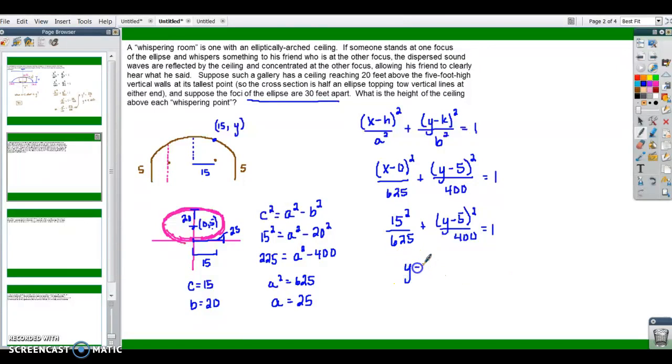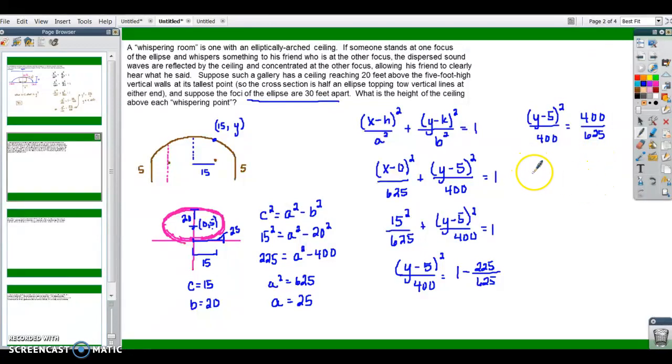So I have (y minus 5) squared over 400 is equal to 1 minus 225 over 625. So I'm just going to go up here. I have (y minus 5) squared over 400 is equal to 400 over 625.